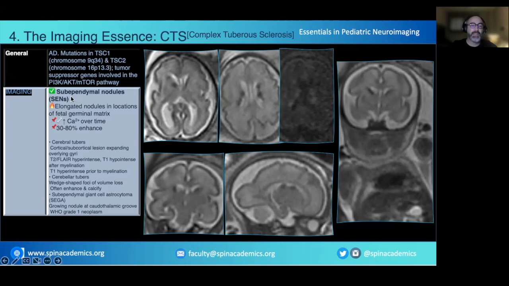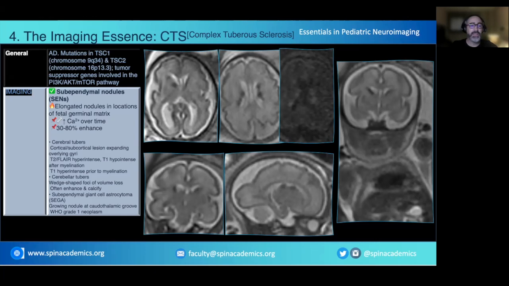One of the main characteristics is the subependymal nodules, which you can see also in fetal life, this type of hypointense tumors lining the ependyma, bilateral, irregular, very, very typical of tuberous sclerosis. They could calcify over time, and between 30 and 80% could enhance.